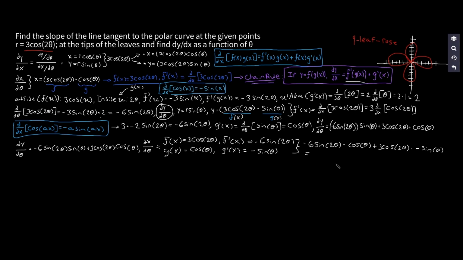And we're gonna go with the simplification here. -6 sine of 2 theta times cosine theta minus, I'm just going to bring this negative sign out front, right?